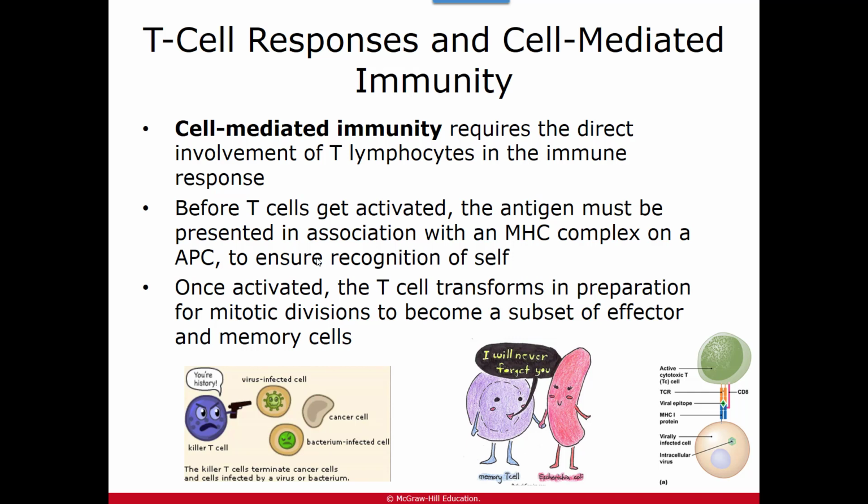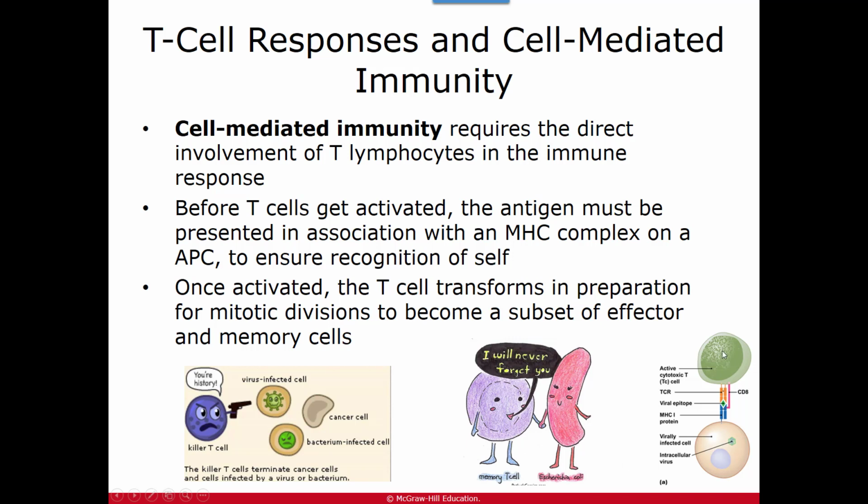It involves T cells. But again, before that T cell gets activated, the antigen has to be presented on an MHC complex. So before this T cell becomes activated, the foreign object has to be presented on an MHC1, they call it a complex, protein, whatever, to be able to recognize it.